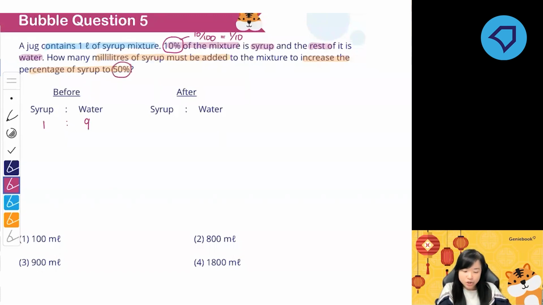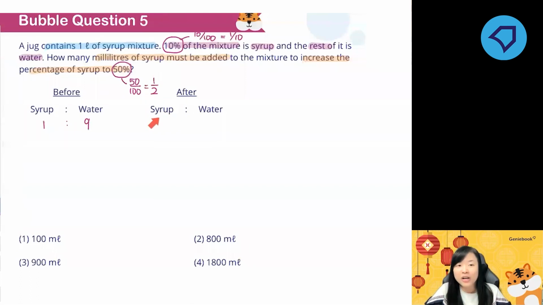Change 50% to a fraction. 50 over 100. And can you change 50 out of 100 to the simplest form? Yes, 1 out of 2. Good. Now you tell me, what would be the ratio?